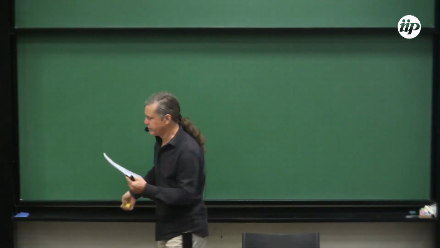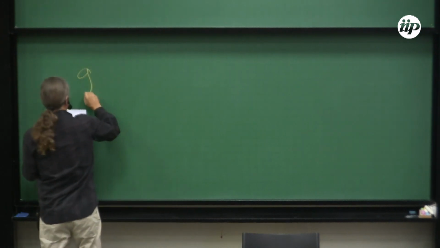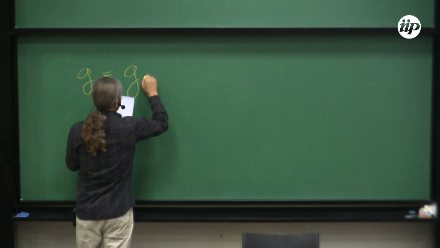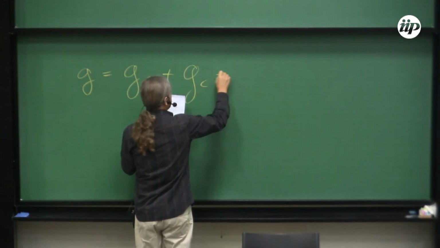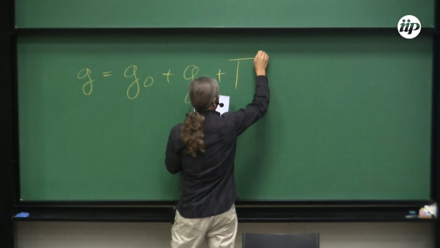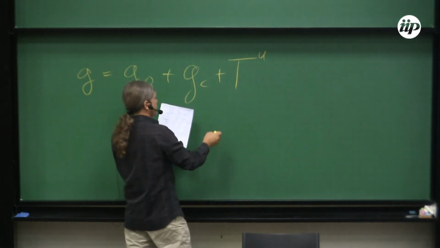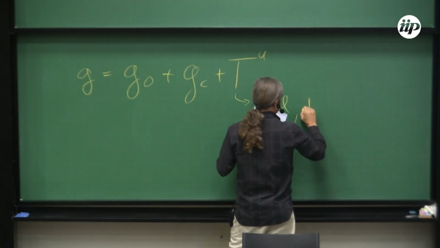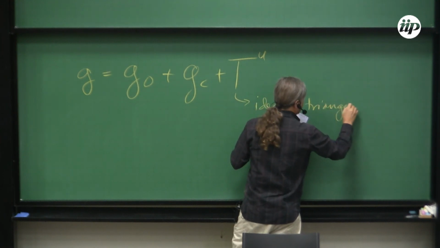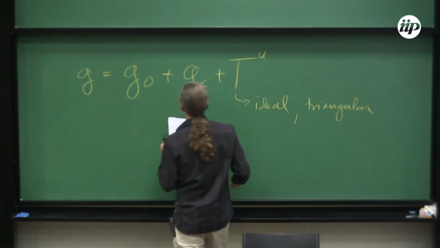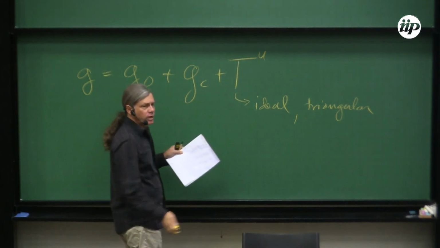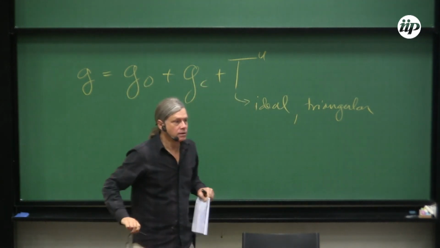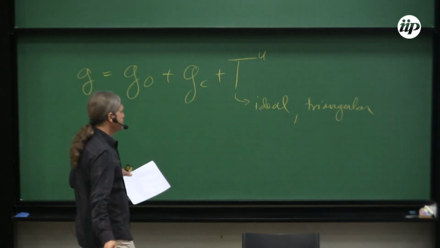And it's done in terms of the Lie algebra G of the full automorphism group. We split it into G0 plus GC plus something he calls TU. I have no idea why it's U here. Okay, this is an ideal, and it's triangular. So you want to think of stuff like the raising and lowering operators in the Heisenberg group when you think of this triangular thing.